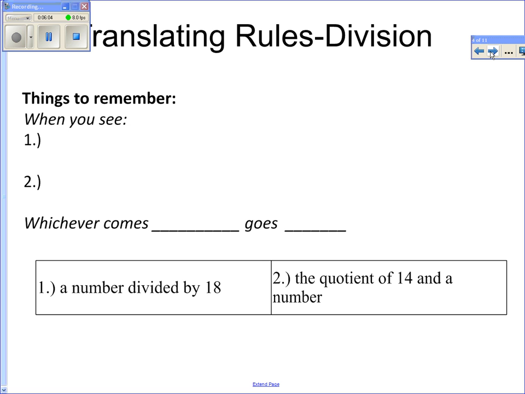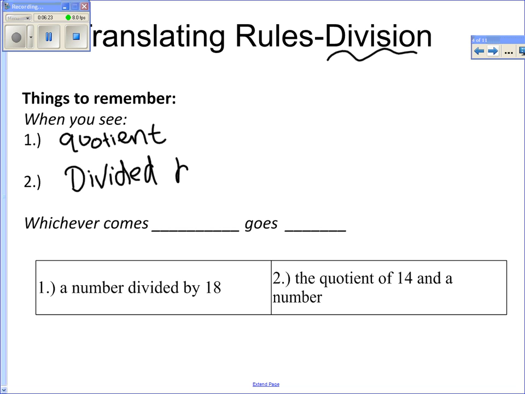Okay. In addition, we spoke about division. I want you guys to remember that quotient is a key word for division, and divided by is also another key word.